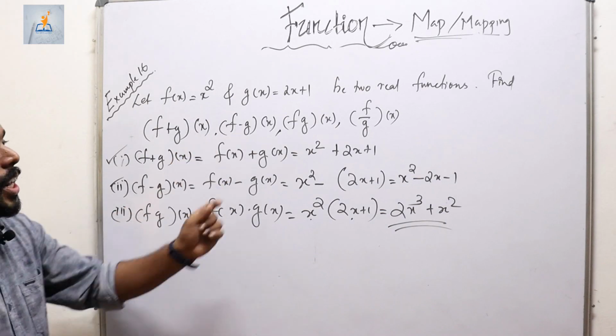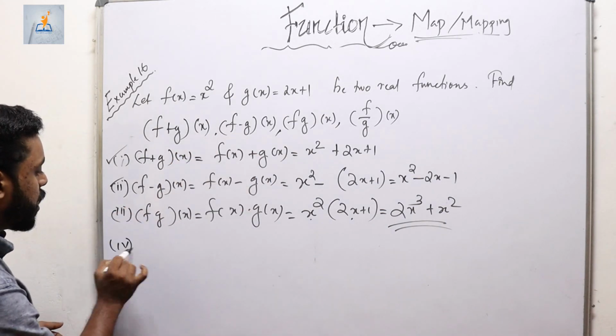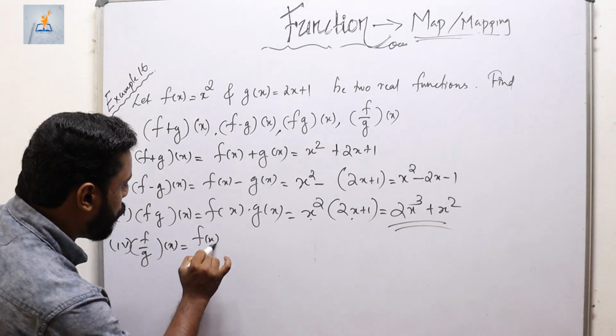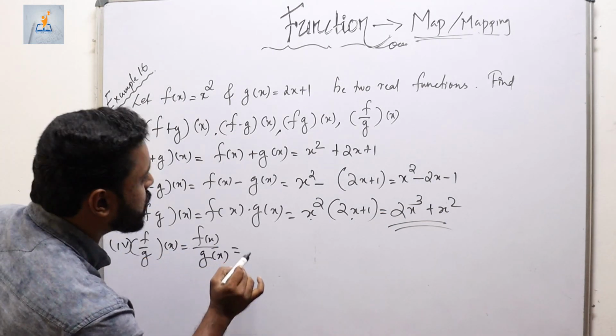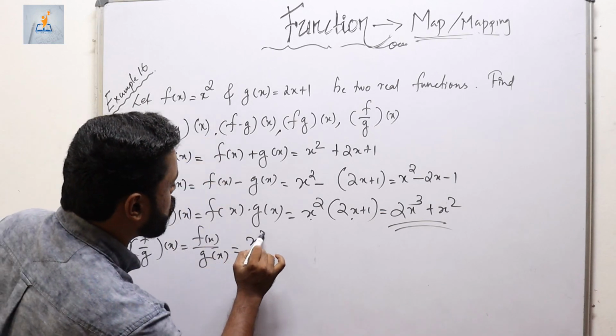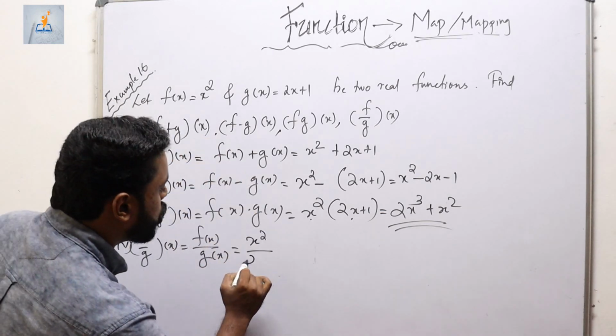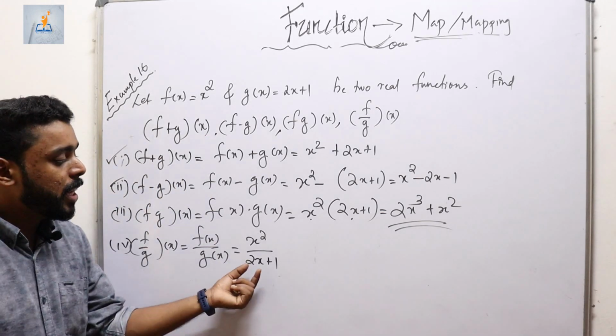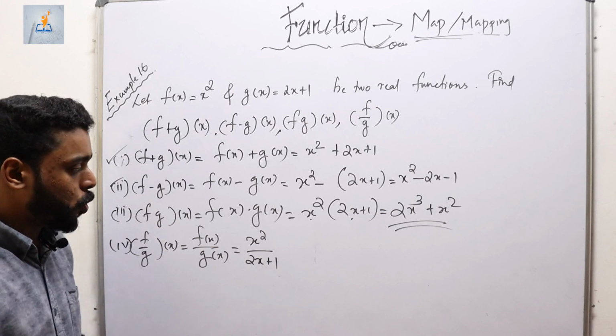Coming on to the last one, f by g of x. F by g of x is nothing but f of x by g of x. What is f of x? It is x square by g of x, 2x plus 1. So this is f by g of x, but there is a problem. The denominator can never be equal to 0.